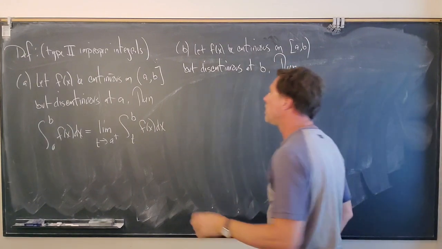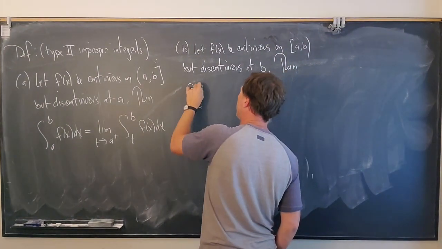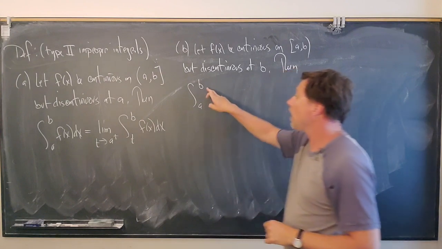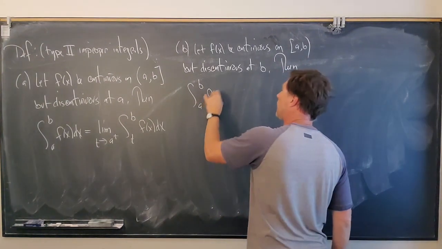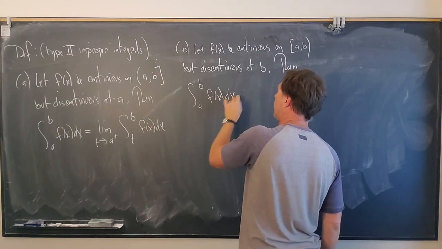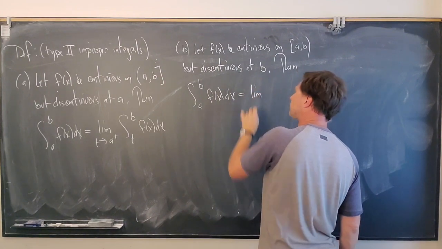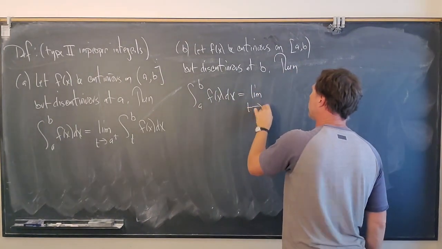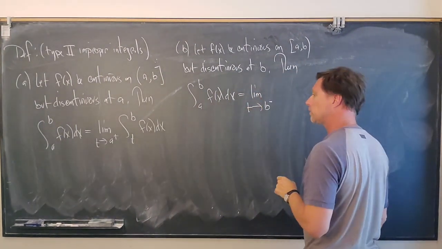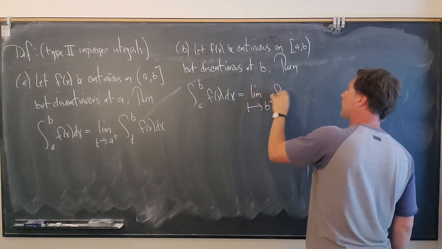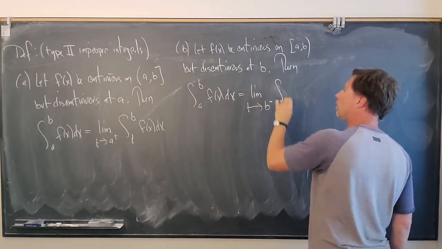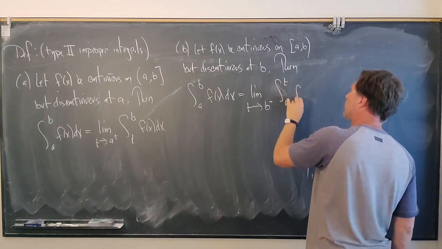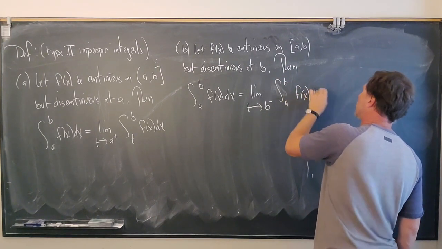Then, for the integral from a to b, if you've got a discontinuity at the upper limit, that's an improper integral. And so you have to rewrite that as a limit as t approaches b from the negative side, integral from a to t f of x dx.